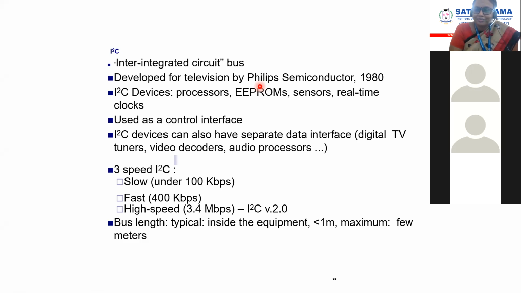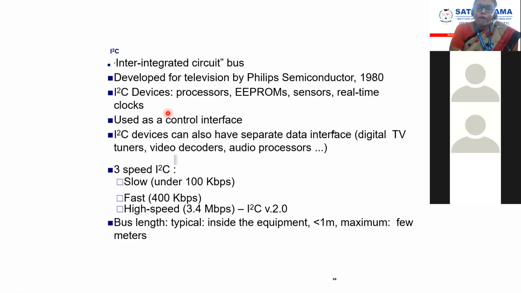CAN was developed by Robert Bosch initially, then Intel and Philips came over. RS-232 and RS-485 were developed by EIA standards, and I square C by Philips Semiconductor. They developed it in 1980, but it took nearly 10 to 15 years to come into proper usage, as all the standards had to accept this protocol.